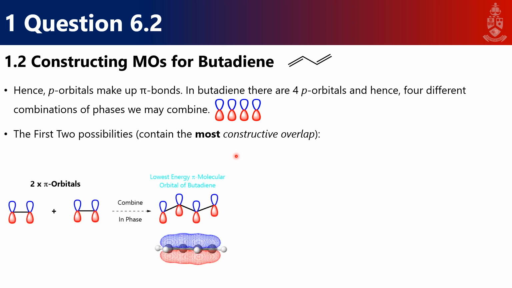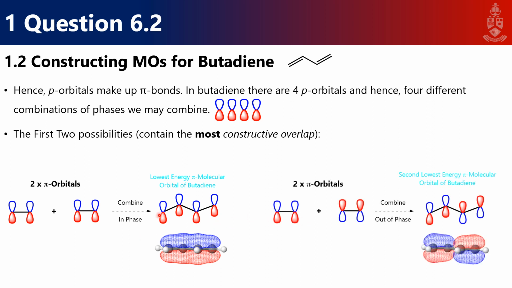So to form any of these, you're going to look at your p orbitals. Remember, I said you combine them. The first option is they're all just as drawn there. You have them in phase. That leads to a molecular orbital that looks something like that. You can also have 2 in phase on this side and 2 in phase on that side. So this one is all in phase, and this is sort of 50% in phase, half in phase, half in phase.